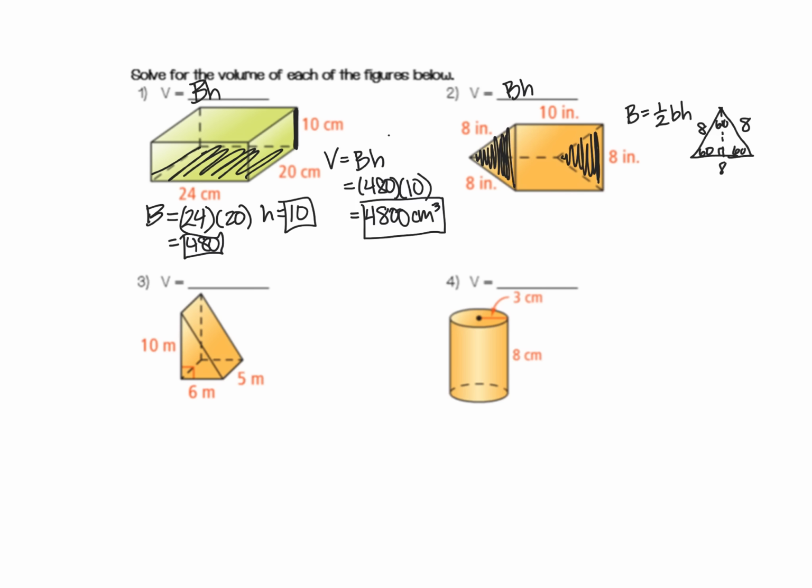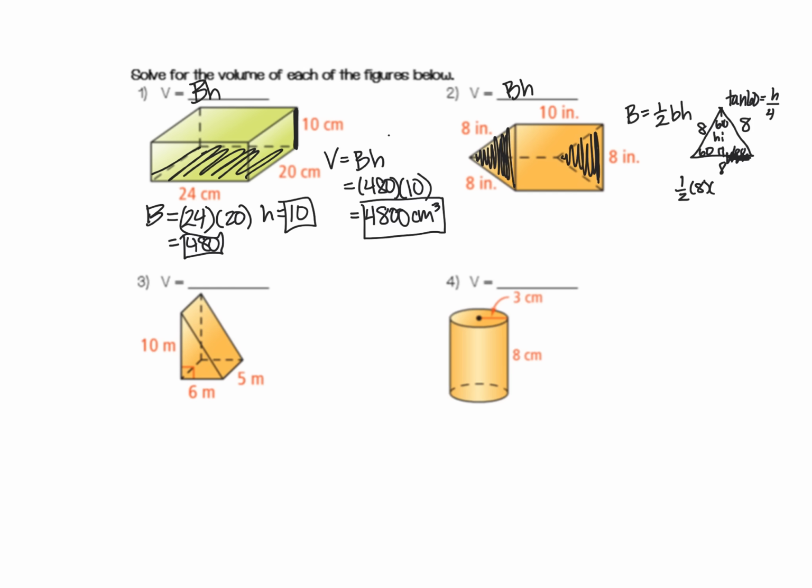So this is kind of back to our area of polygon problems. As I solve this, the base is 8, but the height is going to be found here using trig. Just like before, this is going to be tan. Tan of 60 degrees equals h, the opposite side, over the adjacent side, which is going to be 4, because I'm only using the right triangle, so I only care about half of that.